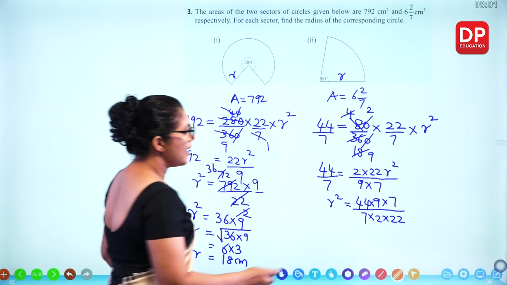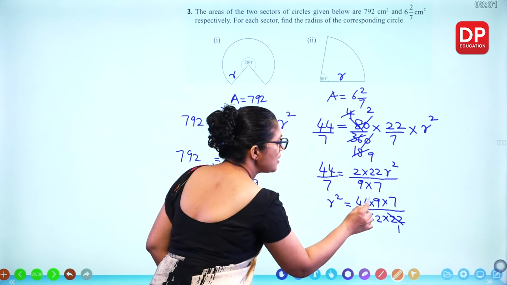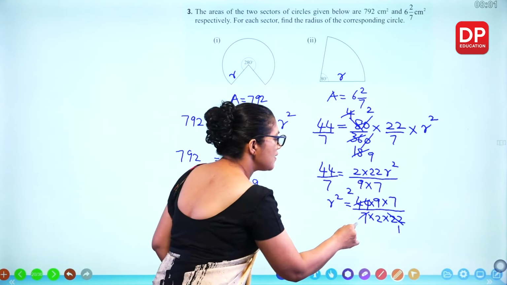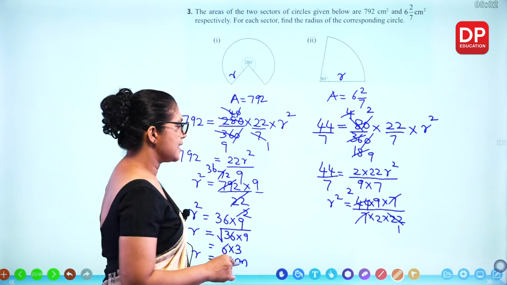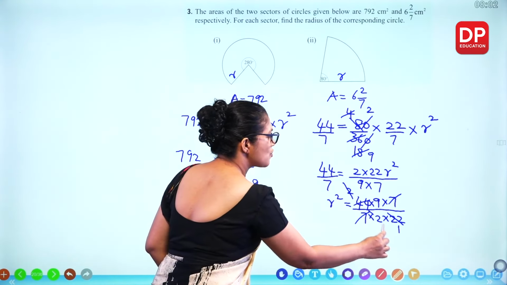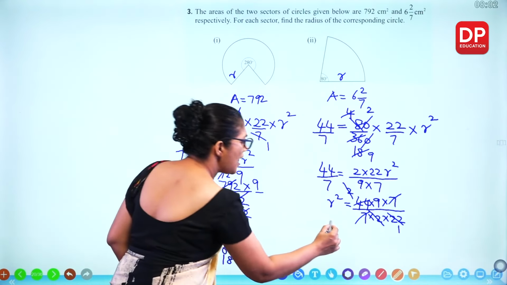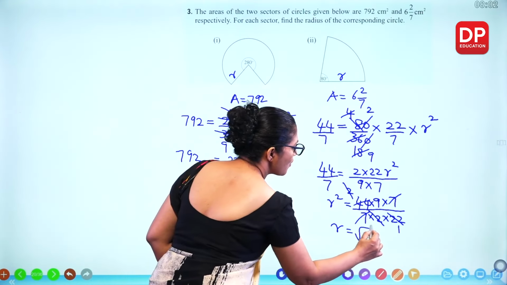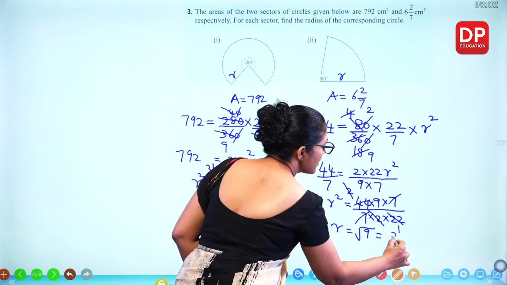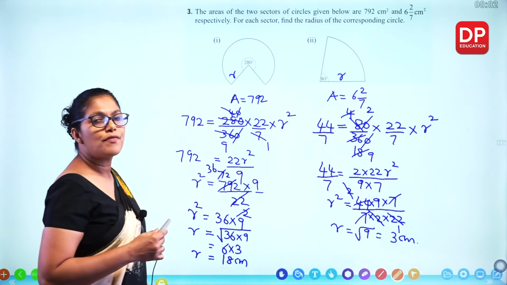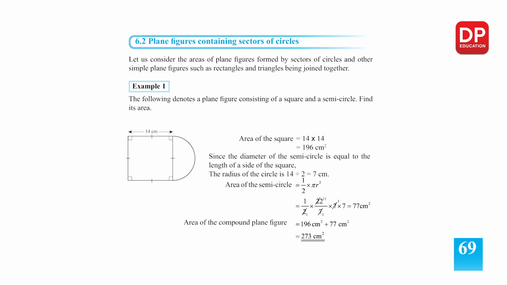Now simplify. 22 times 2 is 44. 7 with this 7 gets cancelled out. This 2 and this 2 get cancelled out, you get 9. What is the square root of 9? So r is the square root of 9. You get 3 centimeters for the radius of this sector.